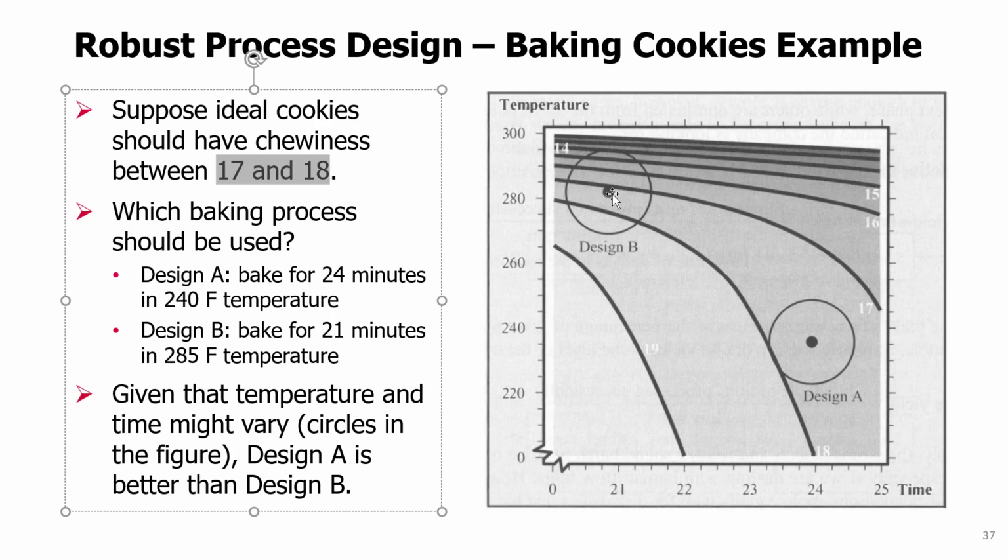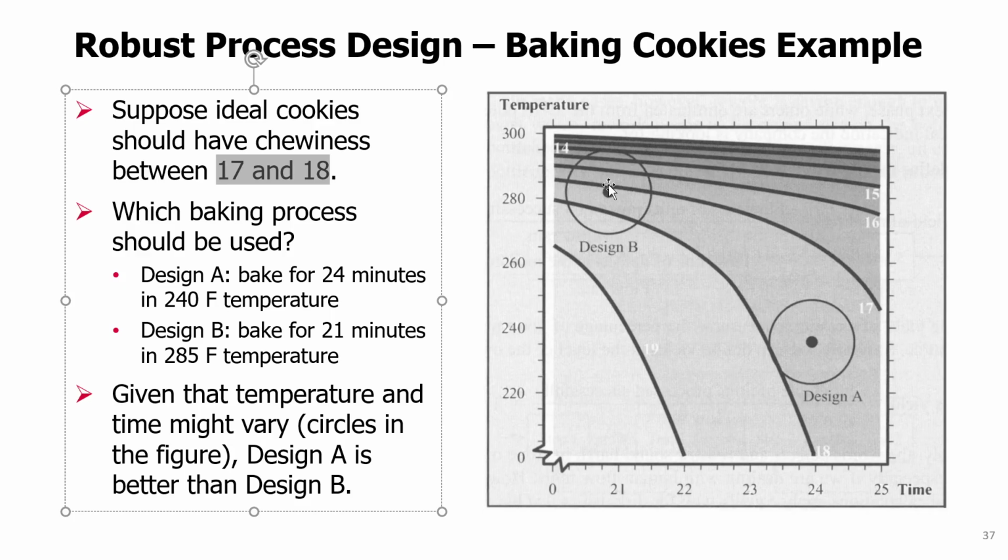But the problem is not just the point, the problem is variation. What if you don't get the time exactly 21 minutes? It varies a little bit. Maybe you bake a little bit less, a shorter time, or a little bit longer than necessary. Here the same. And what if you don't get the temperature exactly set?